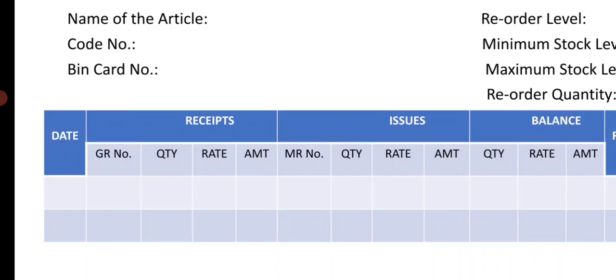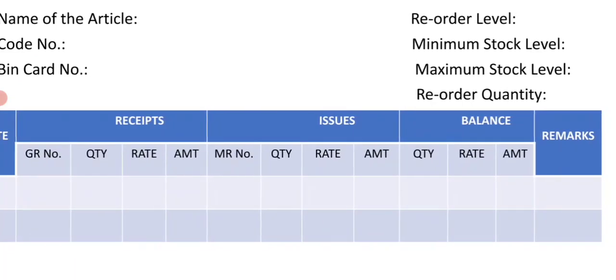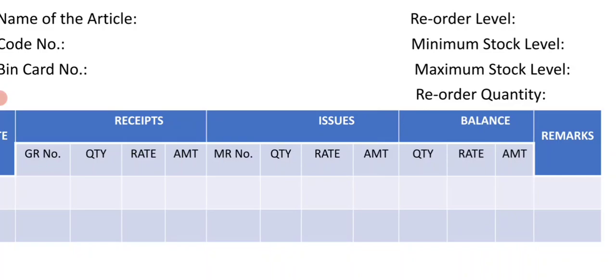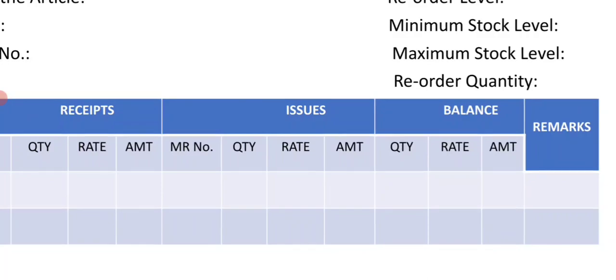If we multiply the quantity with the rate, we will get the amount. In the issue column we have MR number, that is material requisition number, quantity column, rate column, and amount column. If you multiply the quantity with the rate, we will get the amount. In the balance column we have only quantity, rate, and amount. So quantity into rate equals amount.